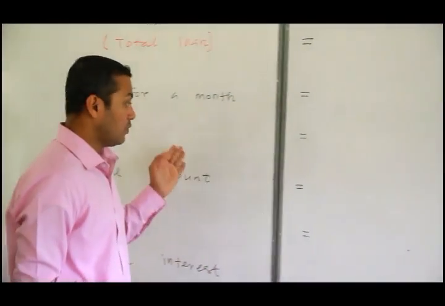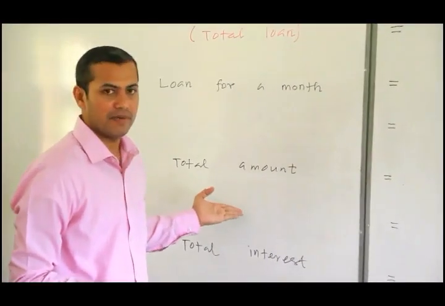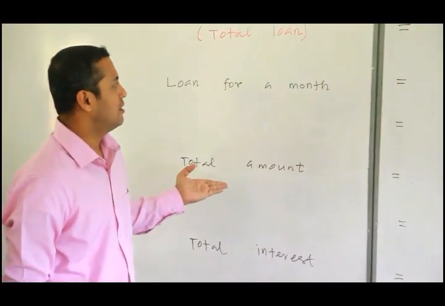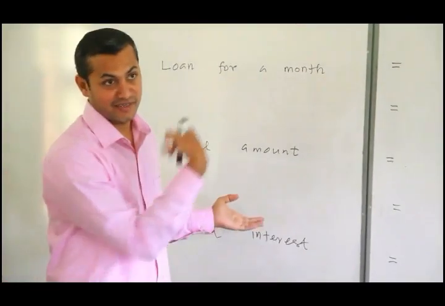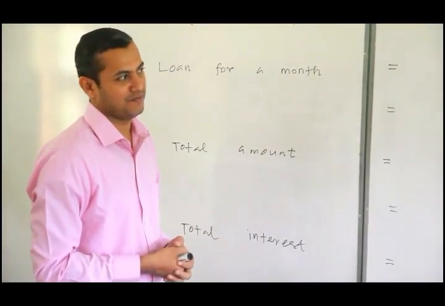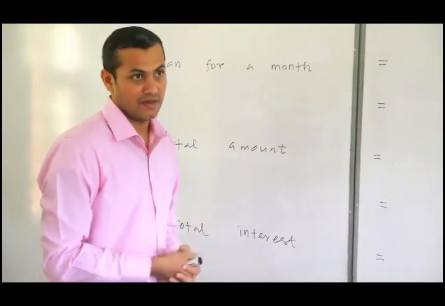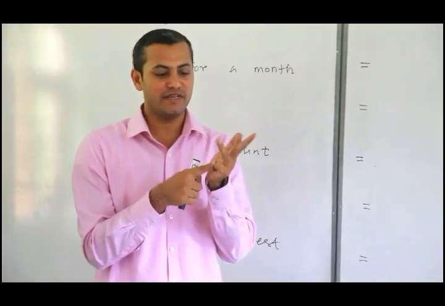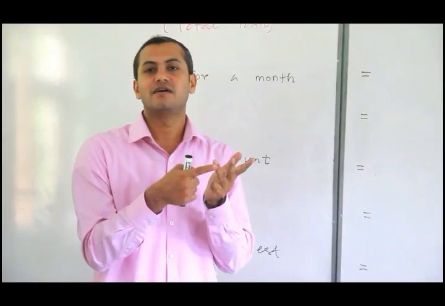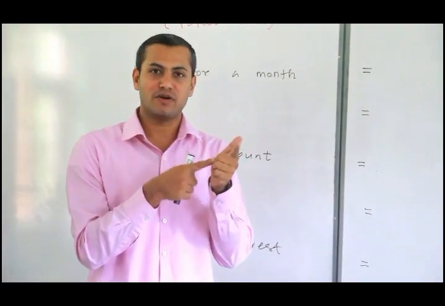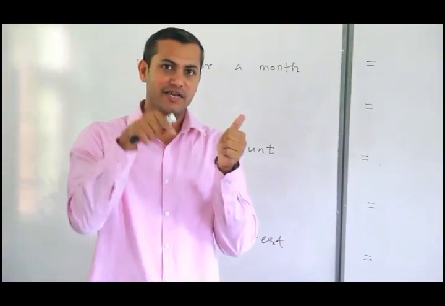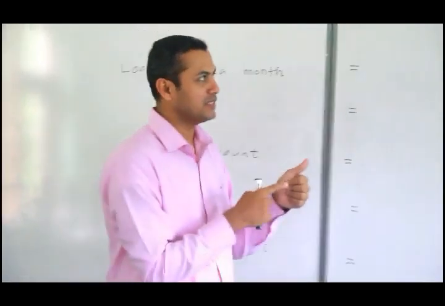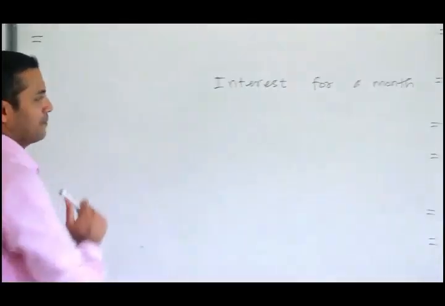By the way, it was the 3rd step. You remember, it was the 4th step in the previous question. When we found the monthly installment, the 4th step was what? First step, outstanding balance. Second step, loan for a month, interest rate for a month, interest for a month. Earlier it was the 4th step. Now it is the 6th step.